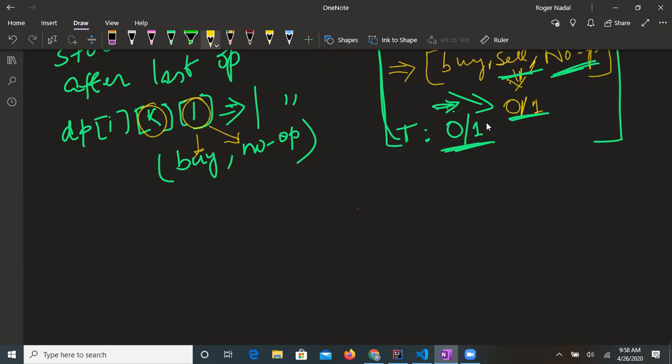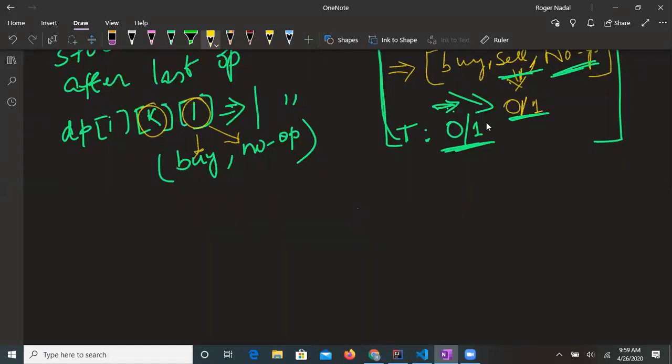If you want to make a profit, eventually you would like to sell it, maybe on the last day, and then you should have 0 stock in hand, because then you get the profit on that particular day. So yes, 0 or 1, that's it. It captures all the info.